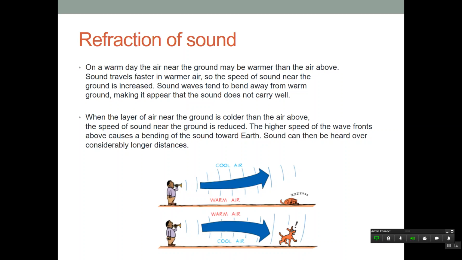It travels above the dog, and this dog stays asleep. And in this case, if it was in warm air and the cool air is at the bottom, your sound would travel in a more downwards direction because of the way it's being refracted, and then you wake up the dog. Interesting because it matters. The acoustics and the temperature of the room and all that stuff matters in how sound is being perceived.